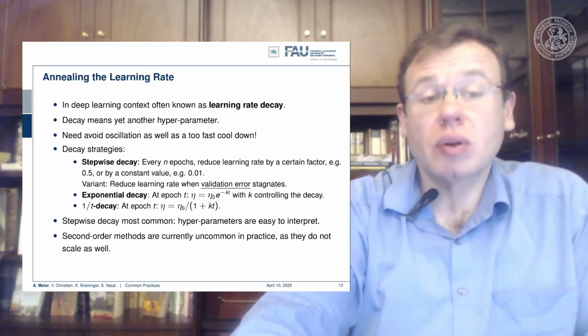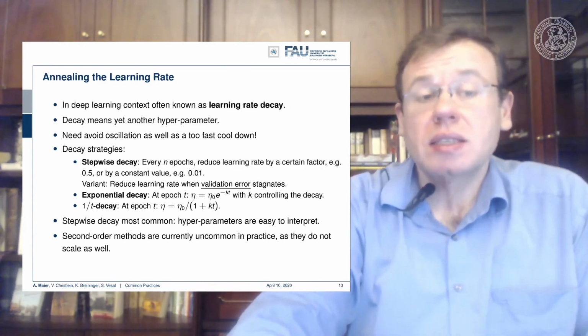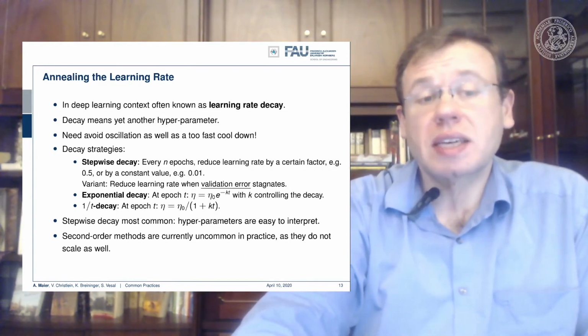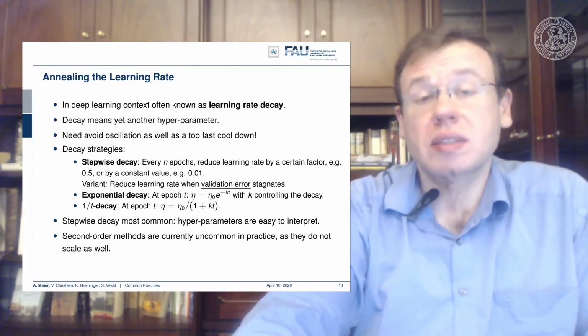There's also the 1/t decay, that at epoch t you essentially scale the initial learning rate with 1 over 1 plus kt. So the stepwise decay is most common, and also the hyperparameters are easy to interpret. Second order methods are currently uncommon in practice as they don't scale very well.